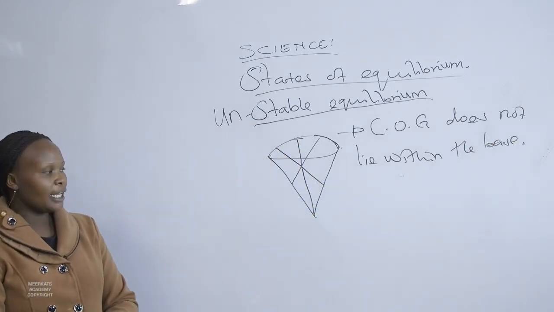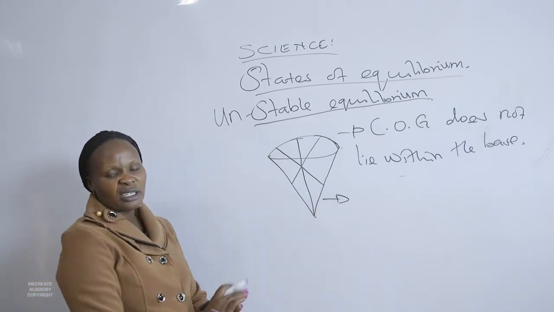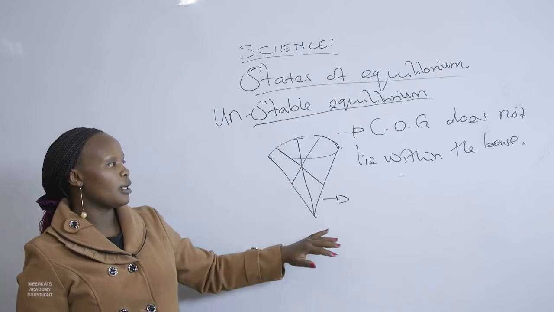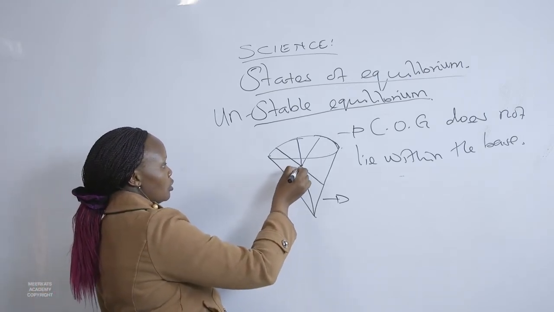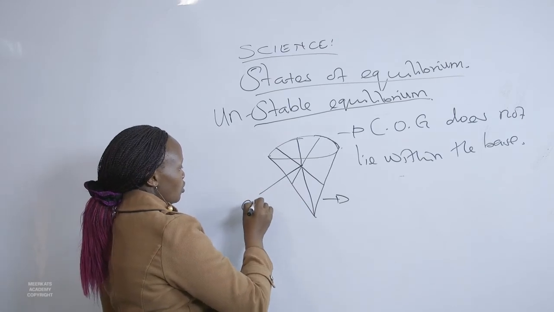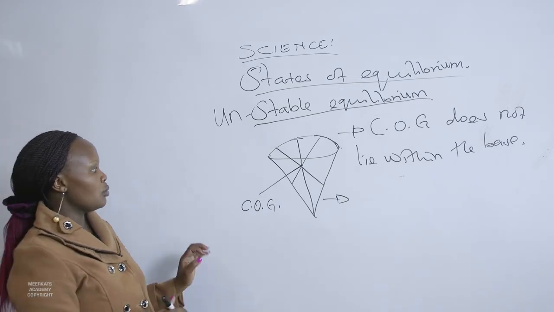Therefore, the slightest push, the slightest force that is applied on this cone is actually going to alter the position of its center of gravity because it's actually going to topple.